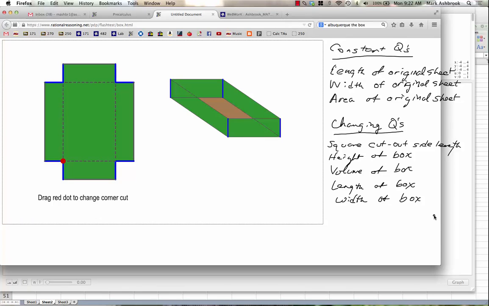What's that? The perimeter around the top? Yeah, so the perimeter of the box around the top edge, say.